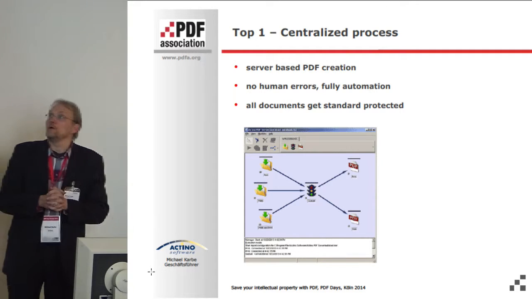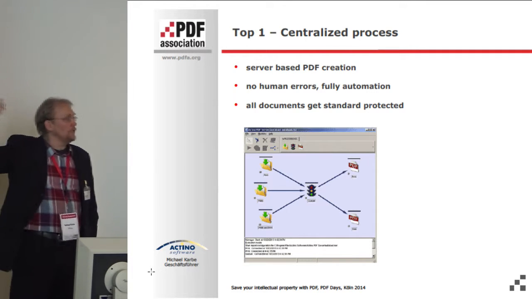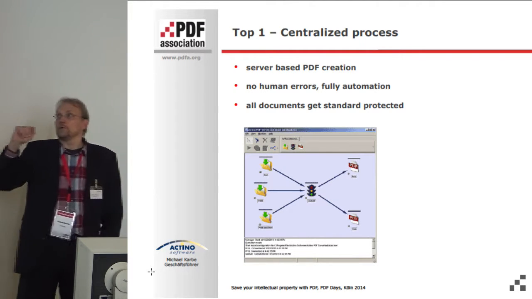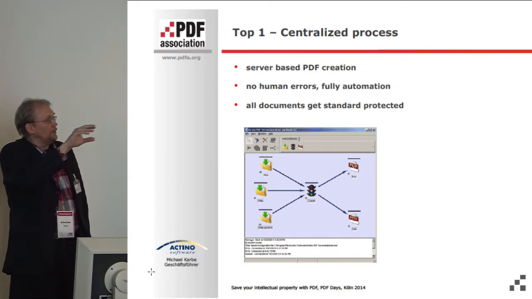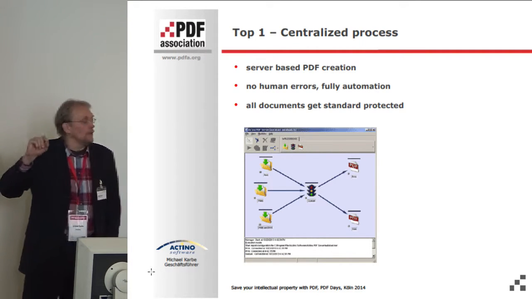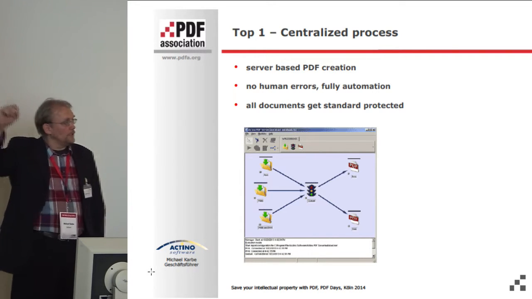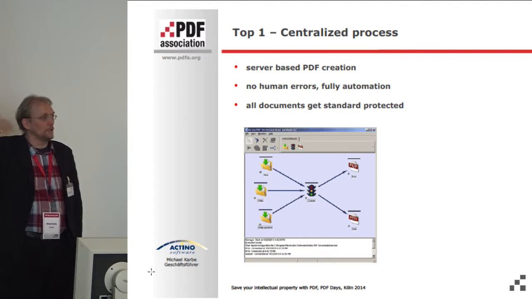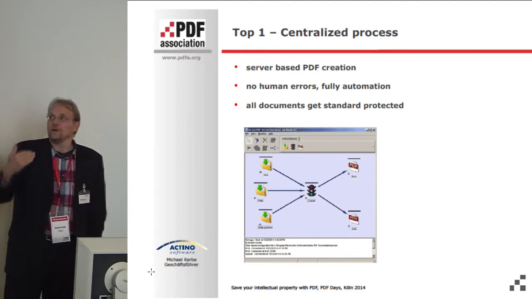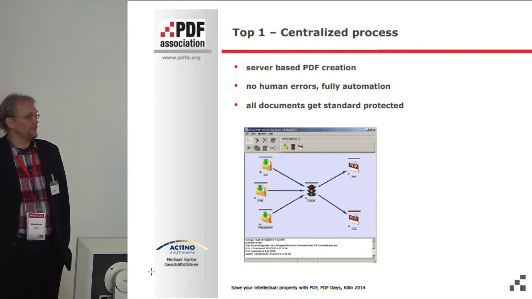This is a small screenshot of a PDF server application which provides virtual printers to the users. When the user is using one of those printers, the PDF is generated on a server in a given quality, and on the server you can also encrypt if requested.